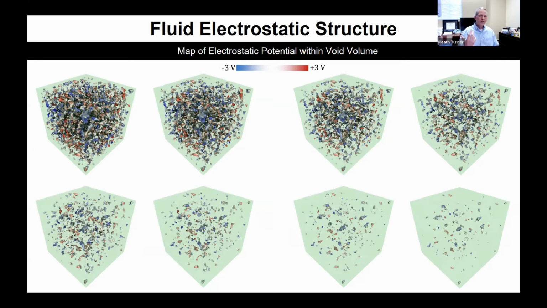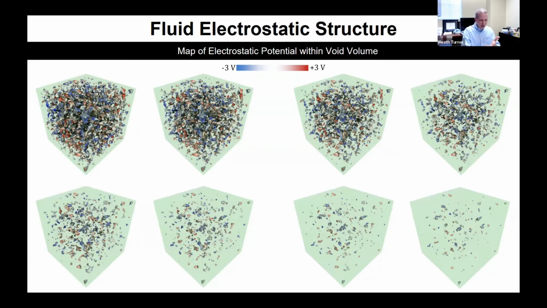Even though the pore spaces might be the same, the interaction between a CO2 molecule that has a strong quadrupole moment versus a methane molecule can be very different. So, very similar to the pore size distribution, we can also calculate the electrostatic potential within these pore spaces.